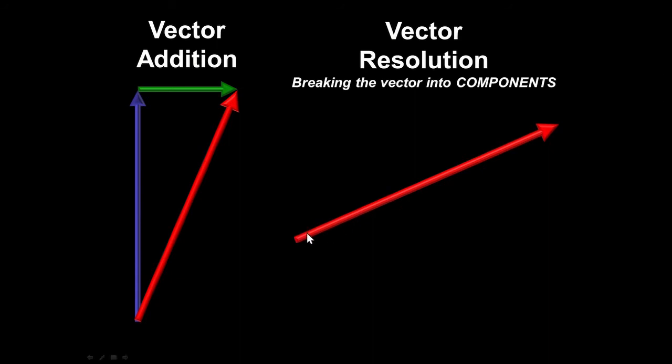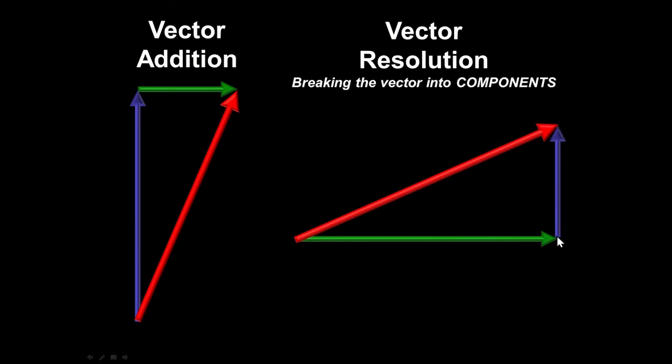So if this was wind blowing north and east, or you could say to the right and up, to describe that direction, well, part of its velocity was to the right, and part of its velocity was up. So here's what we do. To draw the components, you start at the tail and draw one perfectly horizontal, stopping when you get perfectly vertically in line with the head of the original vector.